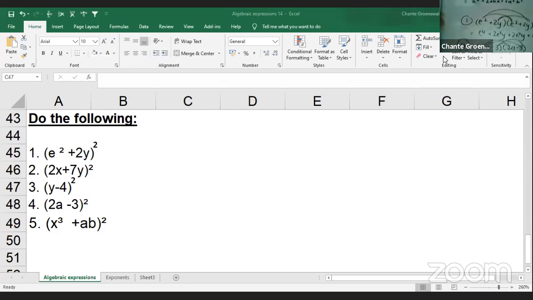Number 4, if I look at my number 4, I have 2a, 2a. So if I multiply these two together first, my first one, I get 4a to the power of 2. Then I do the inside one, which is going to give me 6a, right? You with me?